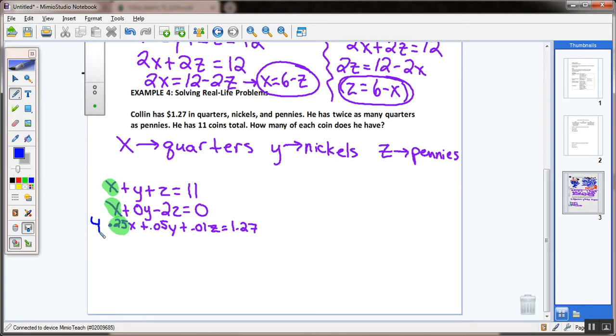Okay, so let's rewrite the system. Top one, is that changing? I'm not multiplying anything by it up here, so I'm not changing the first two, right? The question wants to know how many of each coin he has, so we've got to solve for x, y, and z.